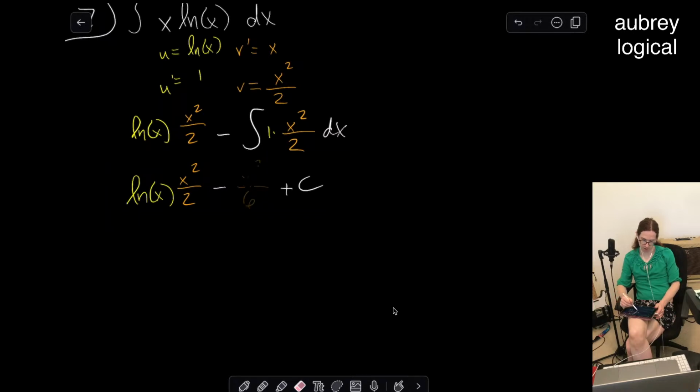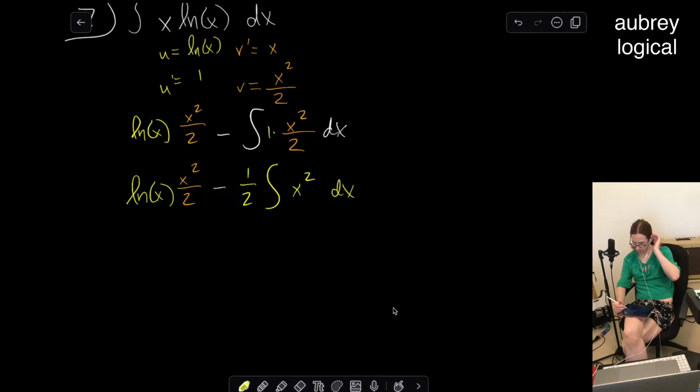So let's try to figure out what I did wrong here. So we can pull the 1/2 out in front, and then we are just taking the antiderivative of x squared dx, which would be times, should be 1/6.